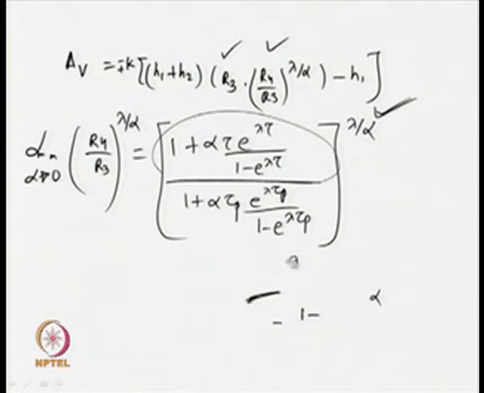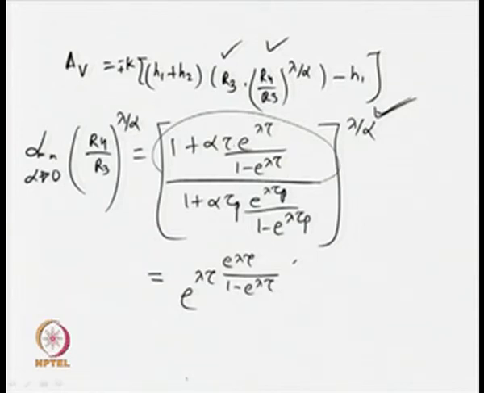When I put alpha tends to 0, you see alphas are there, therefore this becomes nothing but e to the power this. So, it will give us this ratio: lambda tau, e to the power lambda tau, then again e to the power lambda tau upon 1 minus e to the power lambda tau.